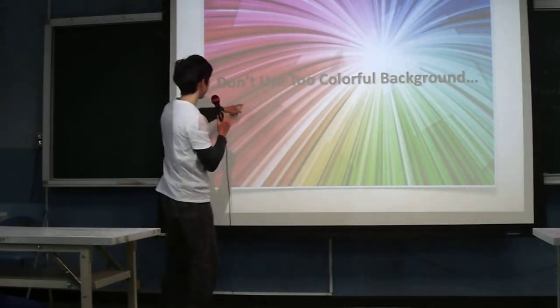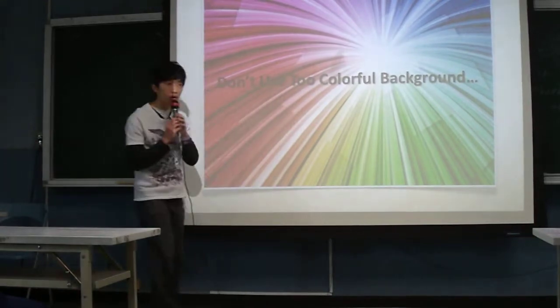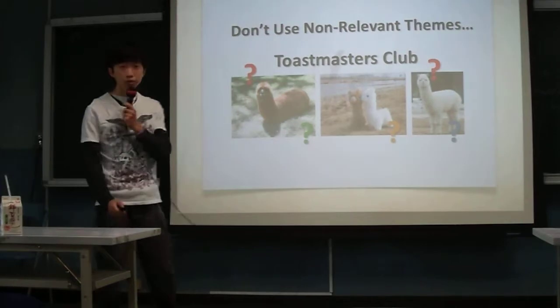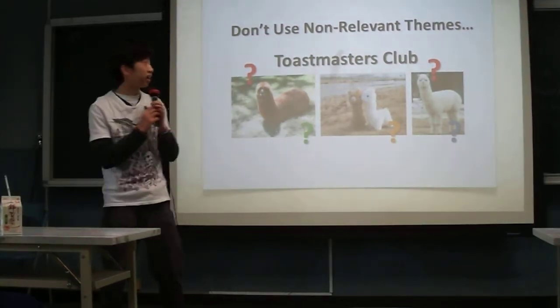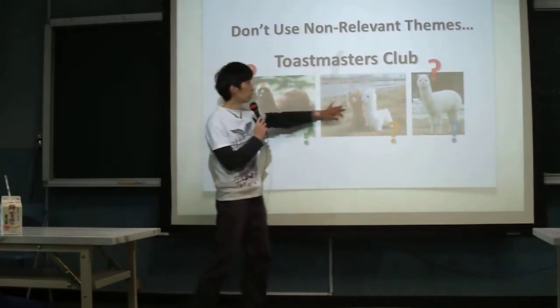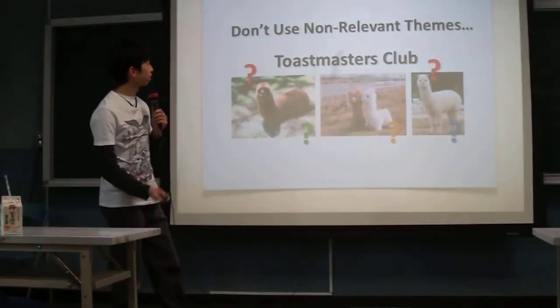Like this is red, but it seems dark red, like maroon. So don't use too colorful a background. This is distracting. Or don't use non-relevant themes, like when you're introducing a Toastmasters club but you're showing pictures of the grass-mud horse, 草泥马. It's non-related. You need to avoid that.